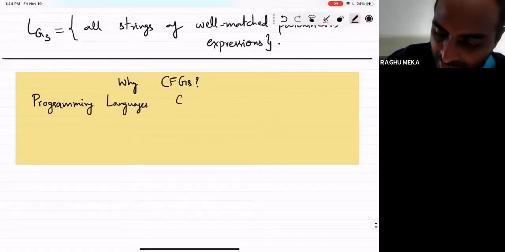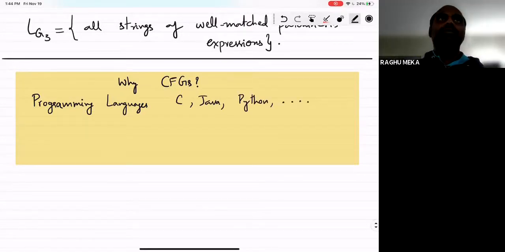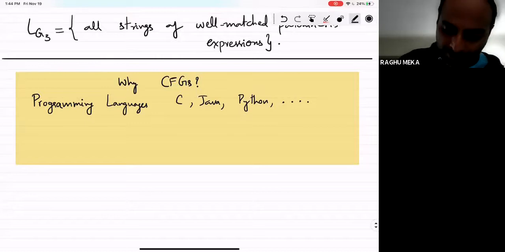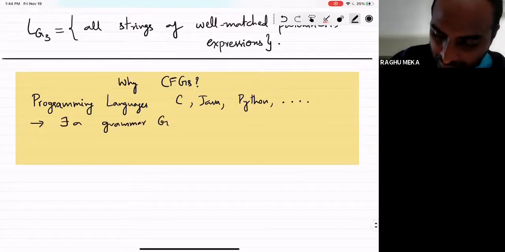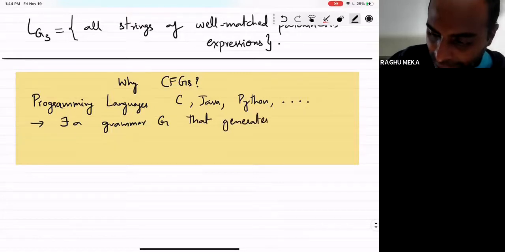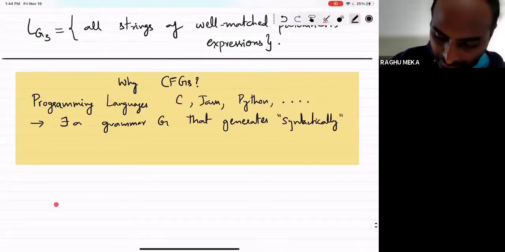You take C, Java, Python, any language, whatever you might have. For all of them, there exists a grammar G that generates syntactically valid programs.